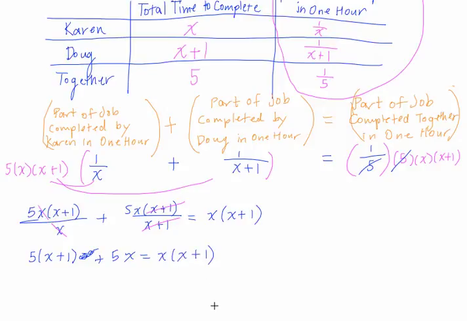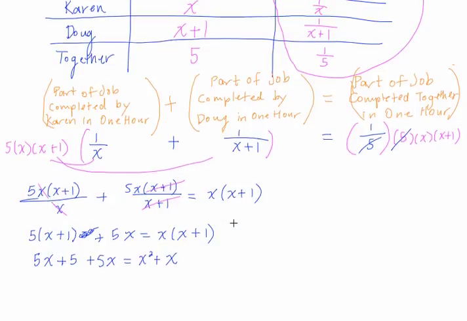And maybe at this point you can or can't tell what kind of equation it is, so let's keep simplifying until we can tell. So let's distribute that 5 out to get 5x plus 5. Then we have this plus 5x is equal to x squared plus x. And yes, now we can see it is a quadratic.